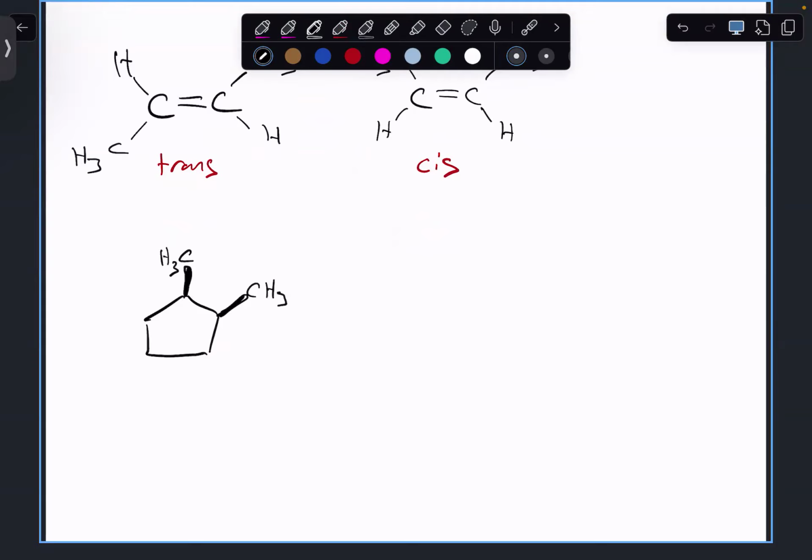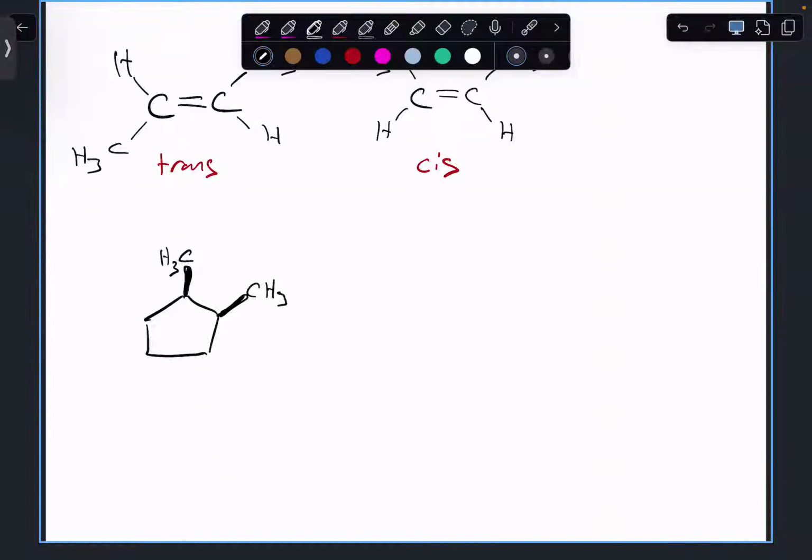What you're going to see a lot of times, especially with ring structures like this, are these wedges, kind of darkened lines. What that's trying to indicate is three-dimensional structure in two-dimensional space. The ring is in the plane of the page.